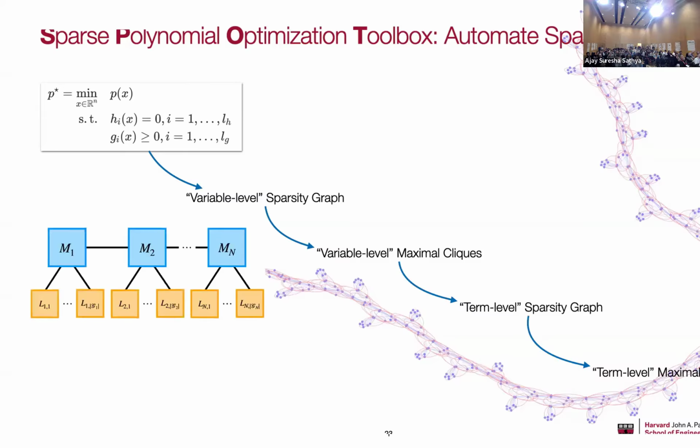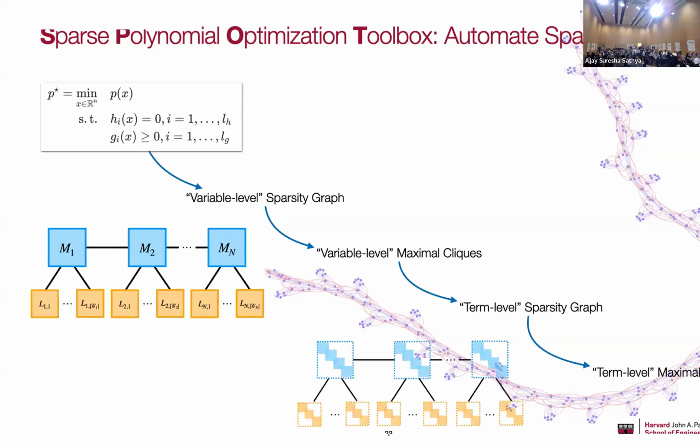So what this generates is, the first level, the variable sparsity graph, will give you a sparse SDP that looks like this, and then the term level sparsity graph will further break these large PSD cone constraints into smaller ones. So you end up having many, even thousands or tens of thousands of PSD cones, but every cone is potentially smaller. So this is fully automatic, right?